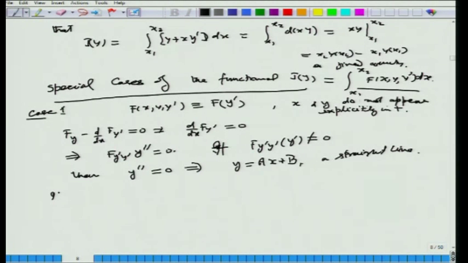If this f_y prime y prime, which is a function of y prime, is 0, then we find the roots of this equation.